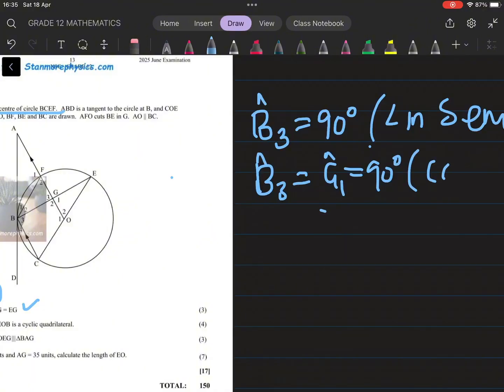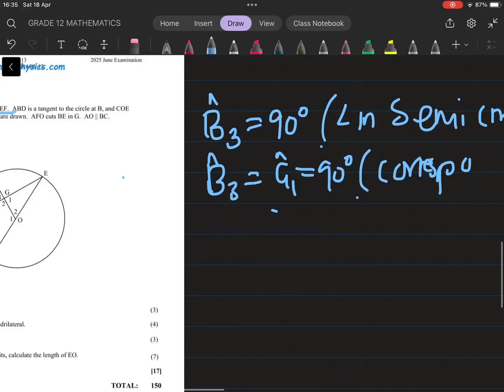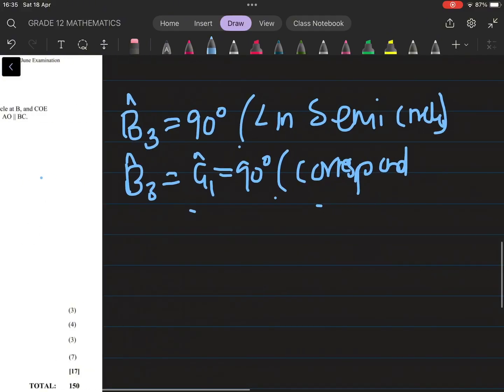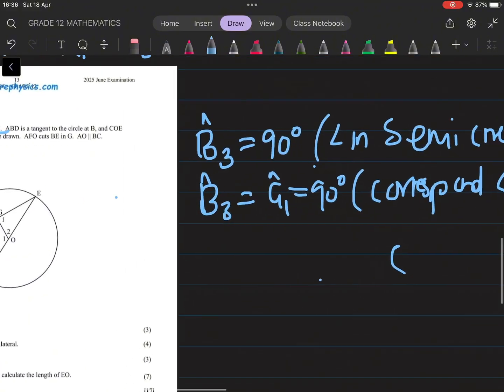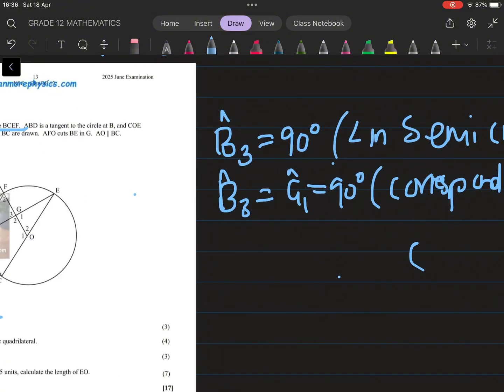Let me write it down for you. Corresponding angles are equal. Why are they equal? Because we have parallel line AO that is parallel to BC.